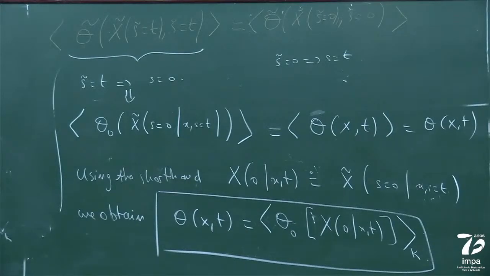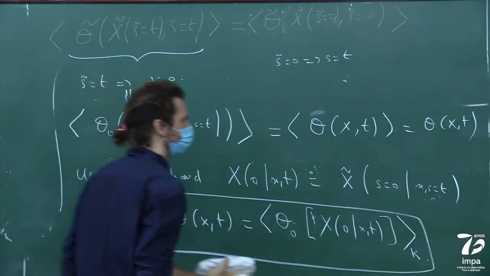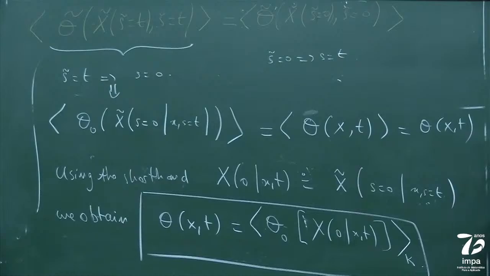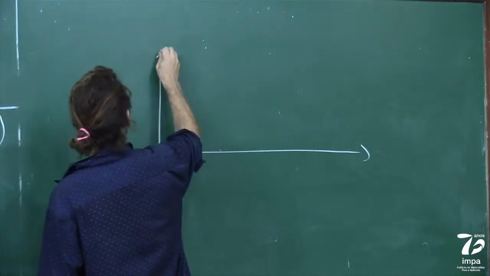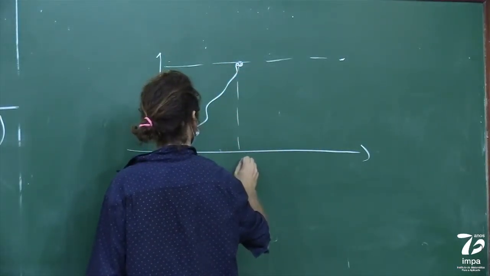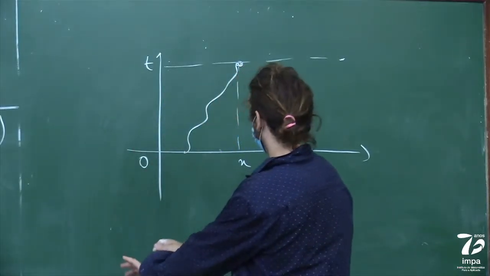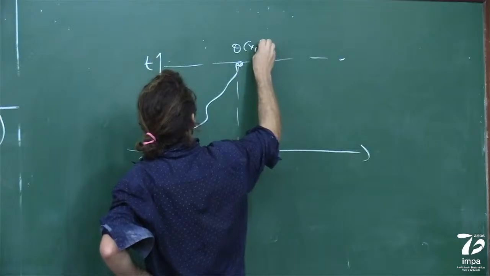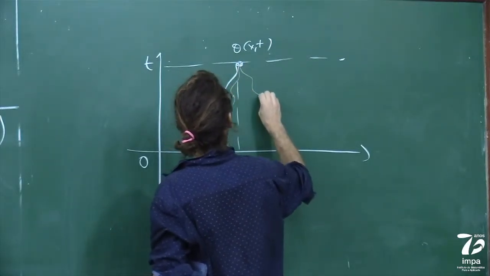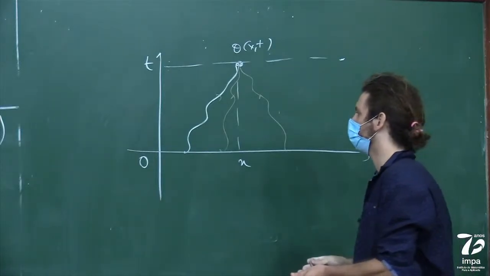And so the picture to have is really the one that was plotted before. Because of the noise, different trajectories may wind up at x t, and this is perfectly fine.